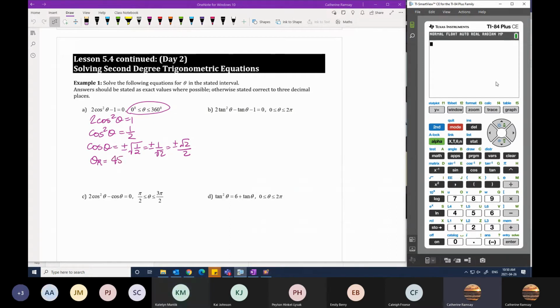Okay, so when it's plus or minus, basically that's encompassing every single family in one revolution. So that means, therefore, theta would be 45, 135, 225, and 315 as my final answer. All right, any questions there?